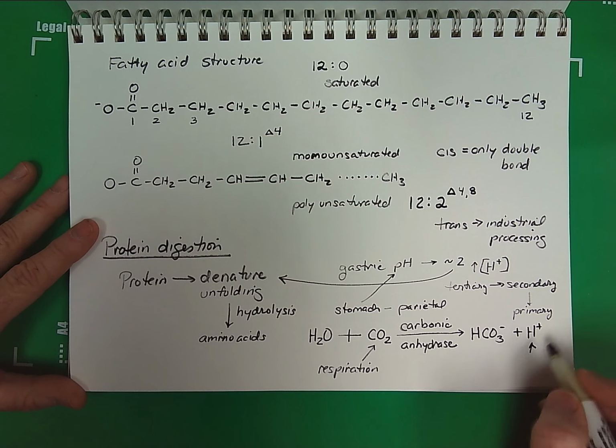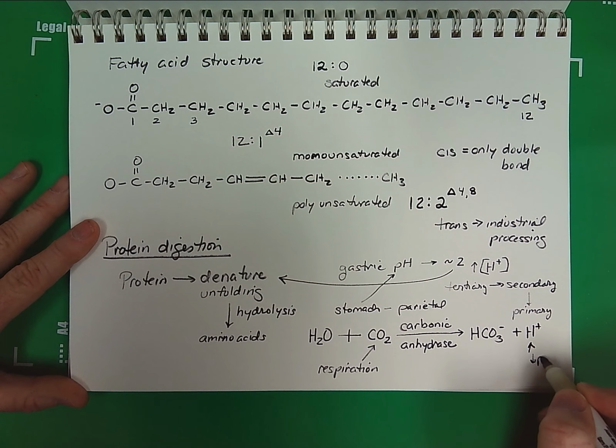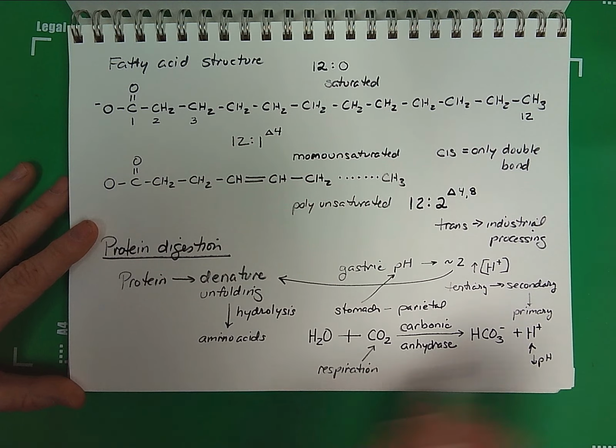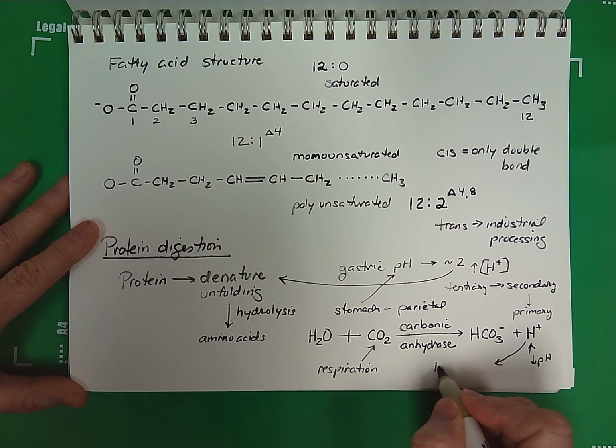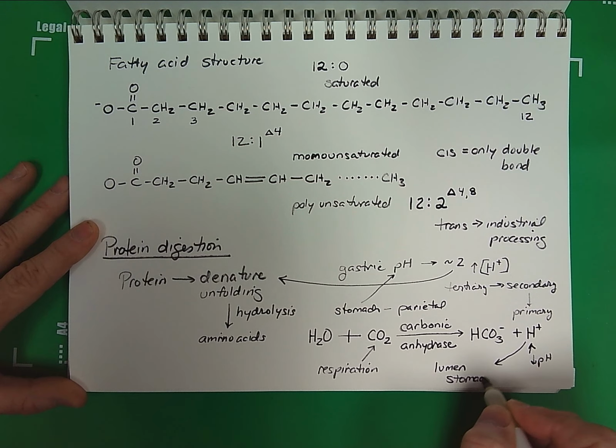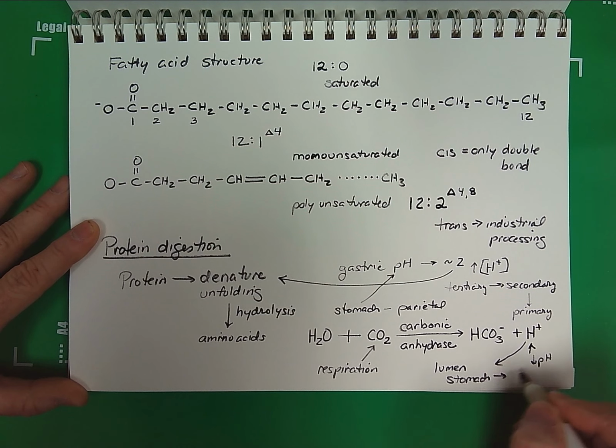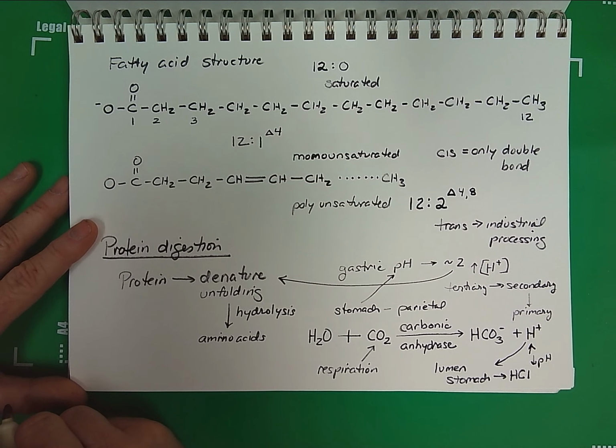This proton, of course, is what is contributing to the decreasing pH in the lumen of the stomach. This gets transported into the lumen of the stomach, and there it combines with chloride ion to form hydrochloric acid.